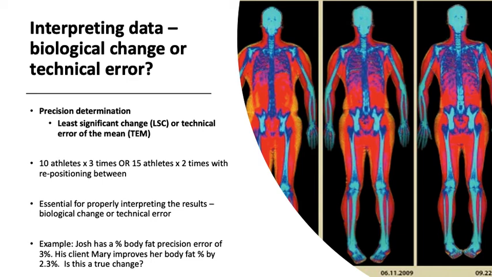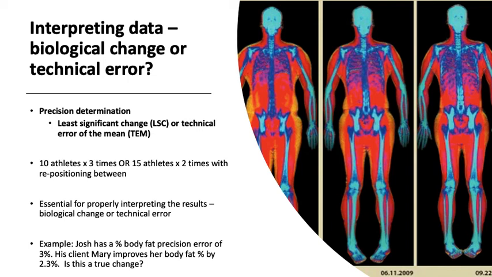Very, very important when it comes down to interpreting data. Is it a true change, or is it just technical error? So by doing this testing, you determine your coefficient of variation, your technical error of the mean. And that needs to be applied to the results and interpreted correctly. Okay, this is essential for proper interpretation of the results. Is it biological change or technical error?